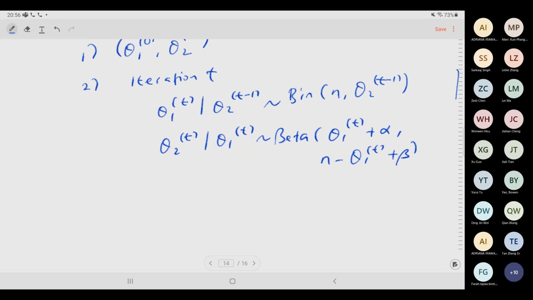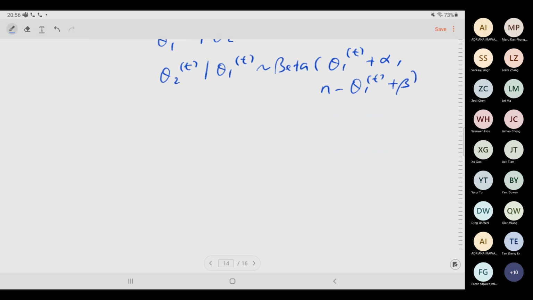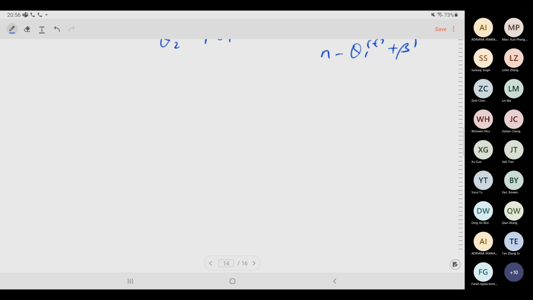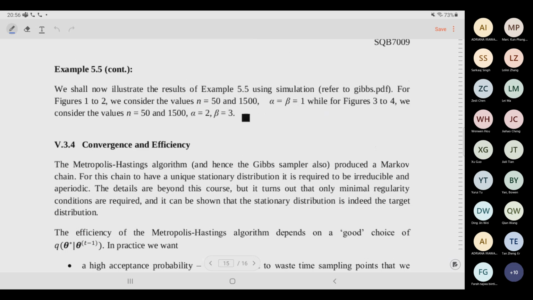Okay, so then, because this is actually following the other PDF file that I've uploaded, which is gives.pdf, right? So then we're looking at the values of n, 50 and 1500. And then we are looking at different values of your alpha and beta.